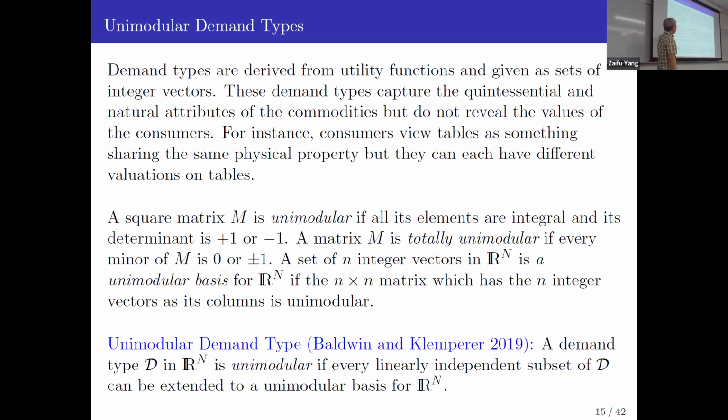A matrix is totally unimodular if every minor of the matrix is 0, plus 1 or minus 1. A set of n integer vectors in n-dimensional space is a unimodular basis if the square matrix of order n, which has the n integer vectors as its columns, is unimodular. What Baldwin and Klemperer defined is that a demand type is unimodular if every linearly independent subset of the set D can be extended to a unimodular basis. So this is the definition.